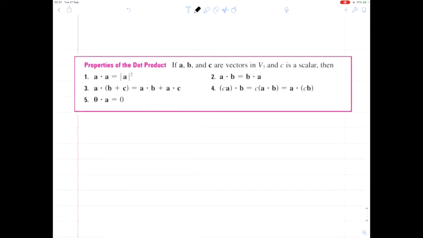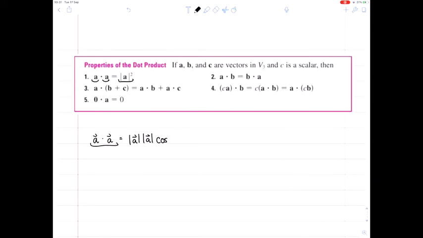So there are some properties of the dot product that are useful. For example, it shouldn't come as a surprise that if you dot a vector with itself, then you get the length of that vector squared. This makes sense because a dot a is going to be equal to the length of a times the length of a times the cosine of the angle between these two.